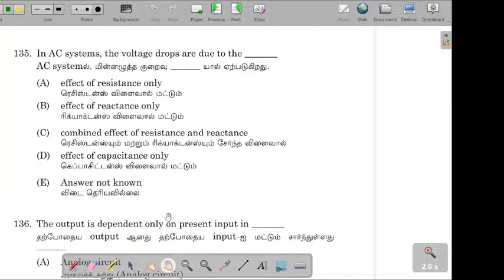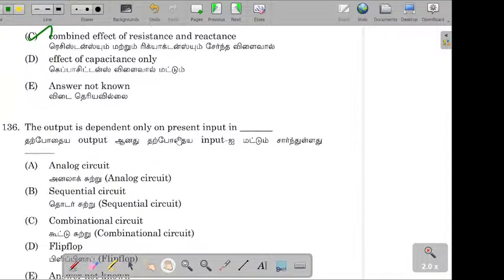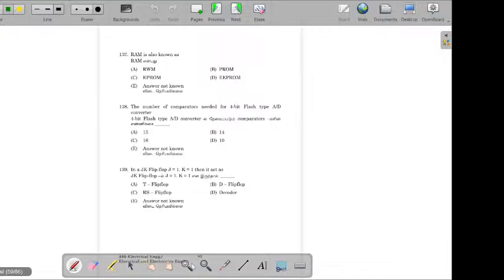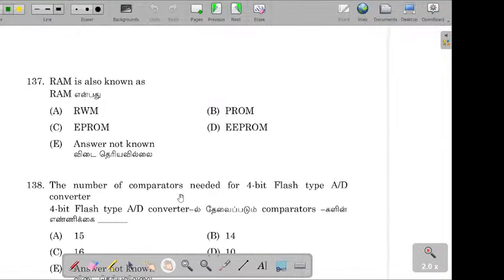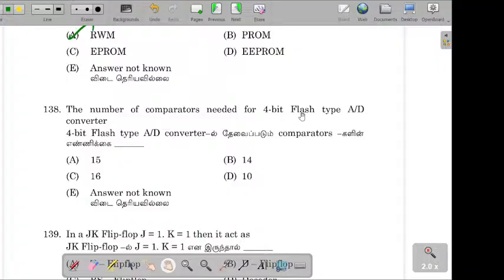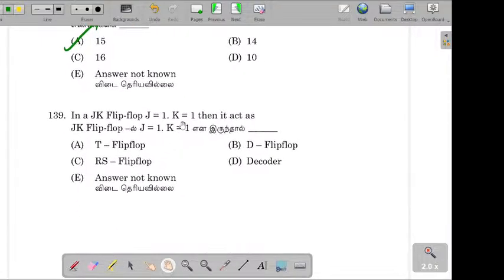In AC systems, the voltage drops are due to the combined effect of resistance and reactance. The output depends only on present input in combinational circuit. RAM is also known as read-write memory. The number of comparators needed for 4-bit flash type A to D converter is 15. In the JK flip flop, J equal to 1, K equal to 1, then it acts as a T flip flop.